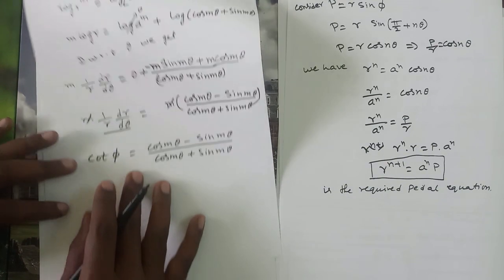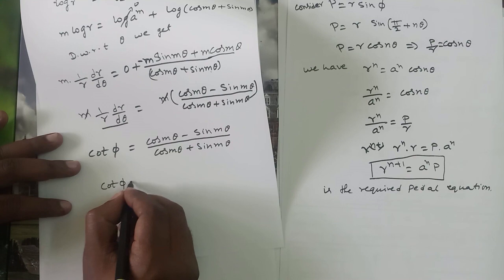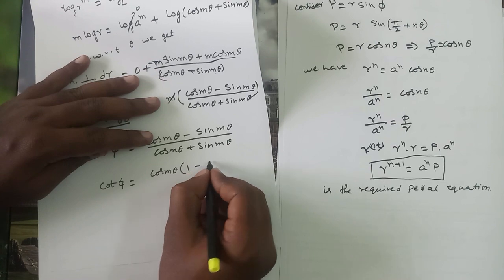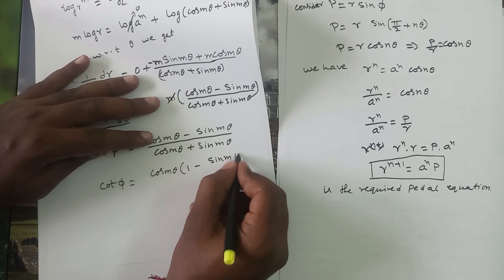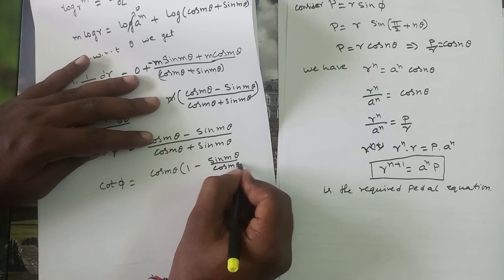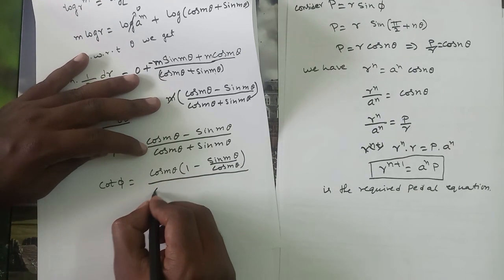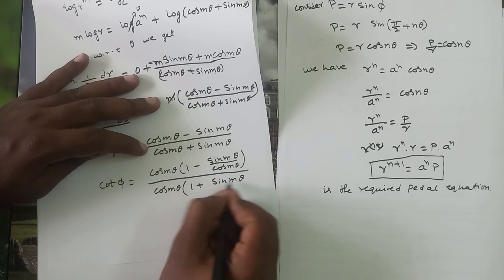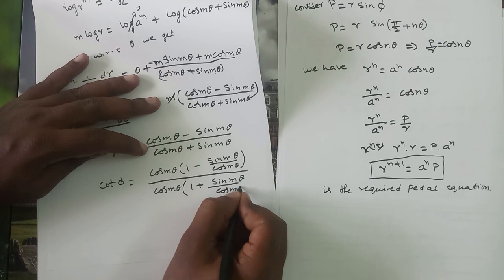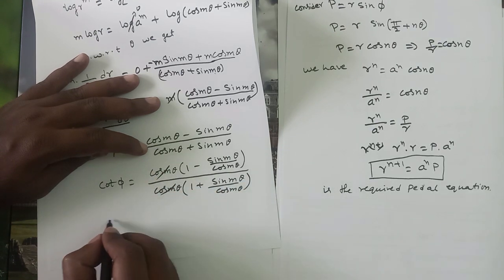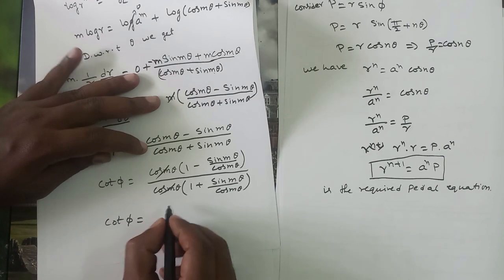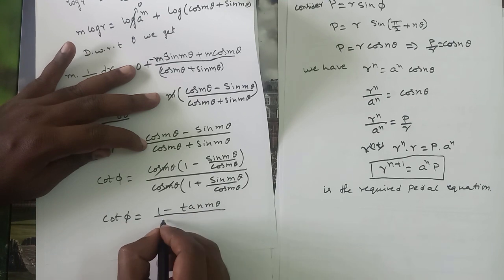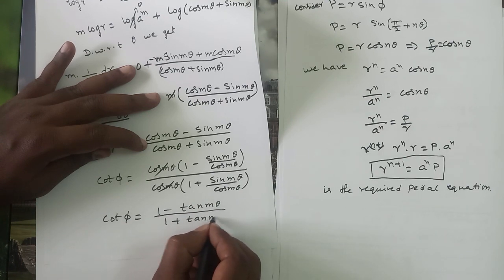Now take cos m theta common, so cot phi equals 1 minus sin m theta divided by cos m theta, whole divided by 1 plus sin m theta divided by cos m theta. So cos gets cancelled, so cot phi equals 1 minus tan m theta divided by 1 plus tan m theta.